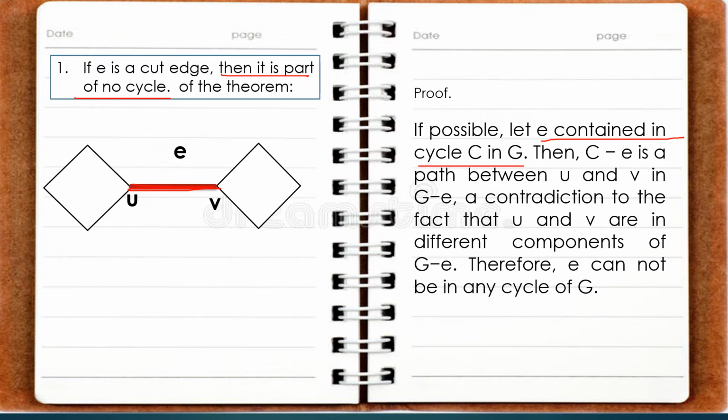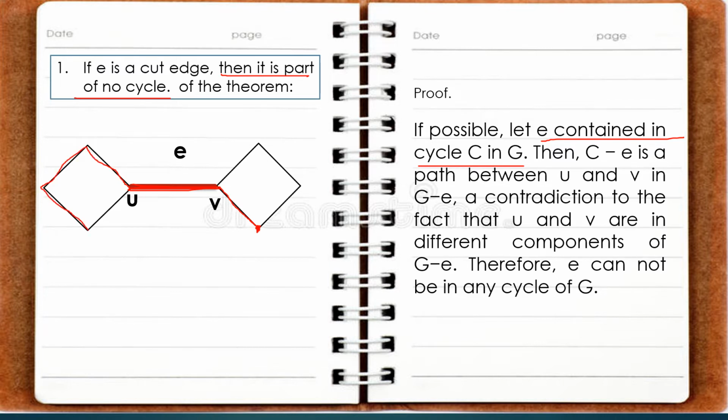Let us show that there is a cycle in G. Let's say this is the vertex. We'll have a path from here, here, so let's say here, there, and there.